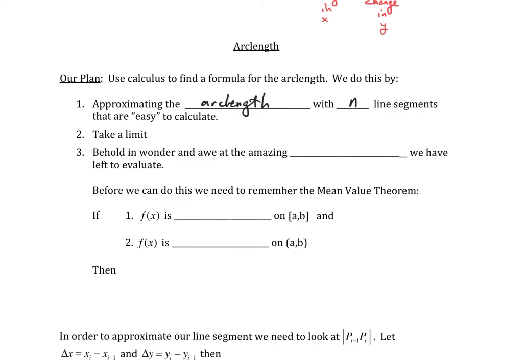When we worked with Riemann sums, we approximated area. Now we're using line segments. The next thing we're going to do after we create this approximation is take a limit. And in doing so, we're going to end up with an integral. So we behold and wonder in awe at the amazing integral that we have left to evaluate.